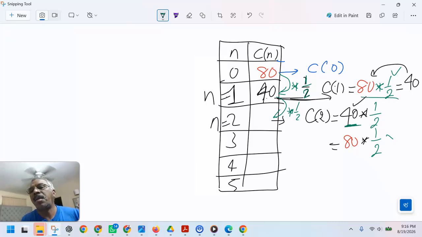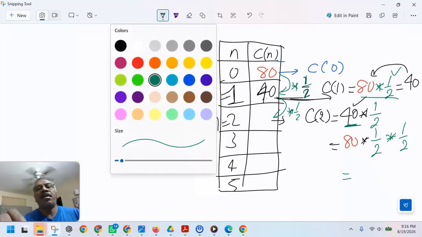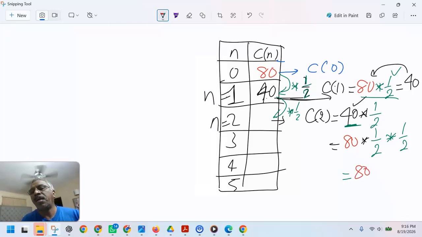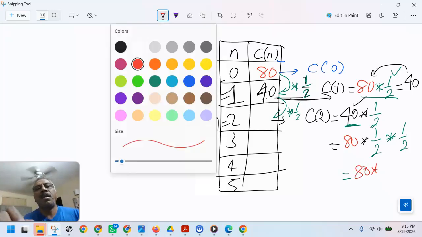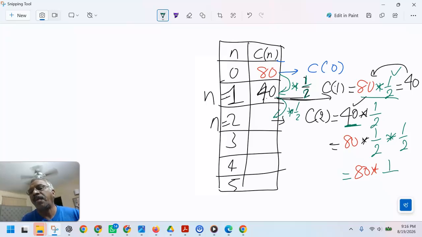And then there is another half. And you can see this works out to be 80, which was in the beginning, and now you're having half, and that half is multiplied by itself two times, and that's why I put raised to the power 2. I'm putting a 2 because of this 2. So your C2 is this expression.